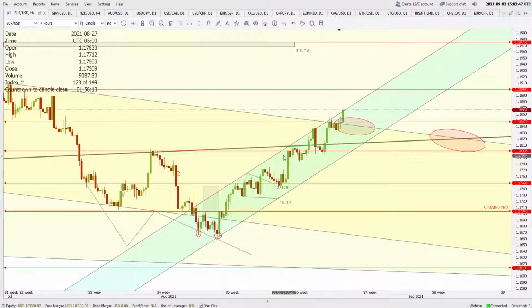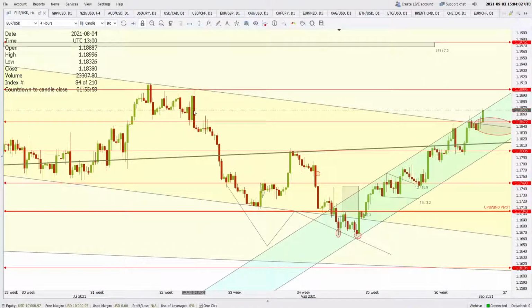And here it is. Although this rising channel's resistance line is still offering resistance to the price, it is somehow able to cope with that and is trying to go above. Notice that there is no more resistance now on the way up. So the next resistance here is at around the 1.1899 region.